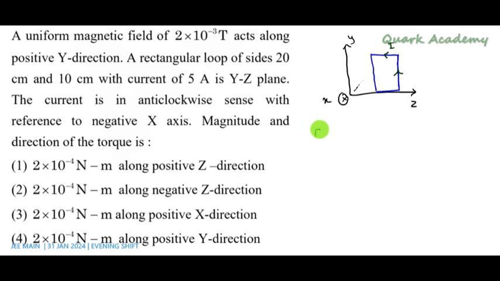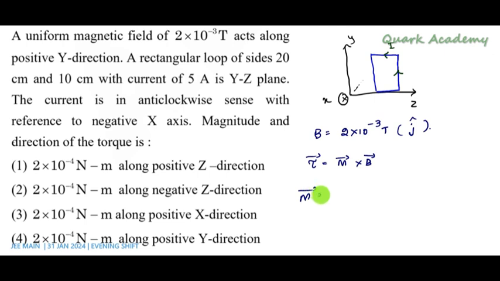So let's write the magnetic field. B is 2 into 10 power negative 3 Tesla, and the direction is positive y, which means J cap. And we need to find the torque. So torque can be written as the cross product of magnetic moment and magnetic field.